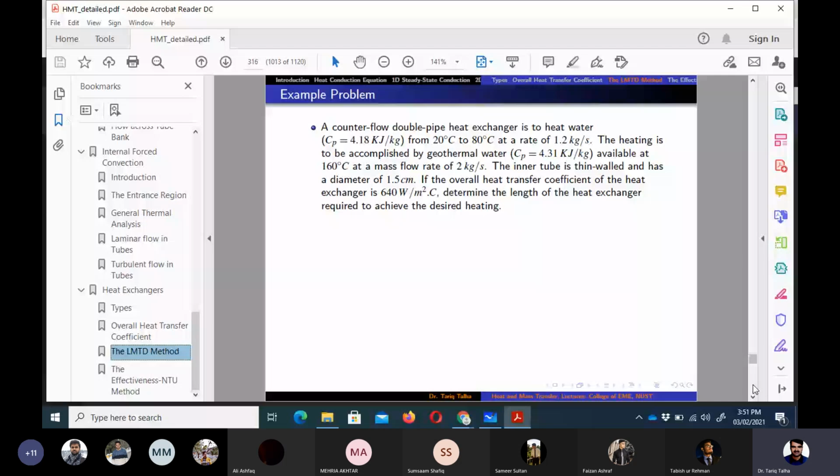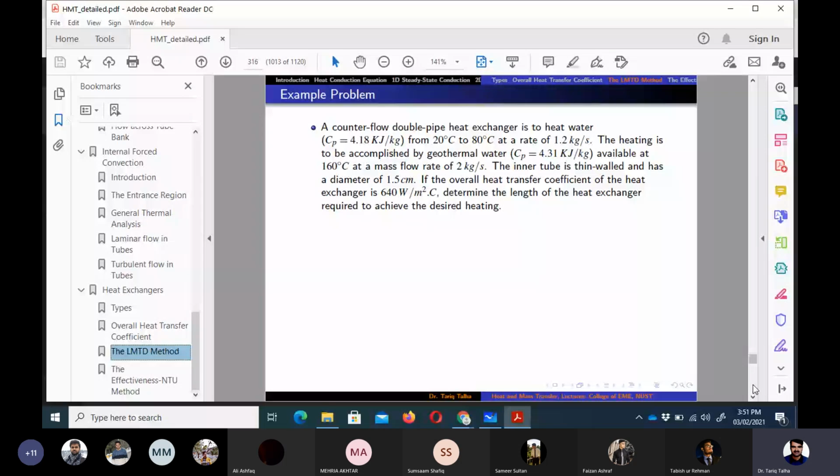The heating is to be accomplished by geothermal water, whose CP value is also given, available at 160 degrees centigrade at a mass flow rate of 2 kg per second. The inner tube is thin walled and has a diameter of 1.5 centimeter.